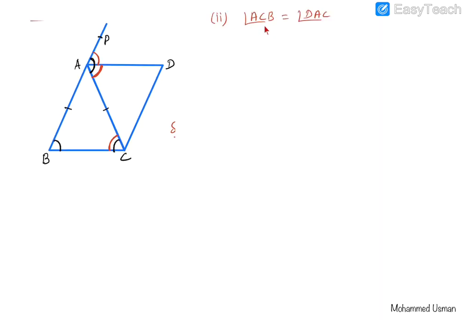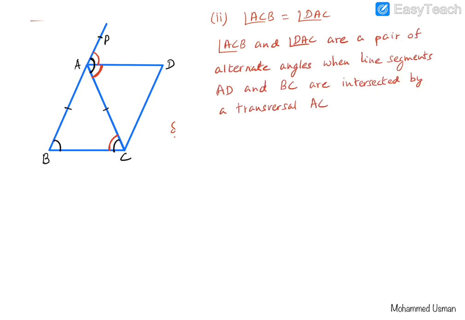We already have from the first part of the solution that angle ACB, which is this angle, is equal to angle DAC, and these are alternate angles. So angle ACB and angle DAC are a pair of alternate angles when the line segments AD and BC are intersected by this transversal AC. When the alternate angles are equal, the line segments AD and BC are parallel to each other.